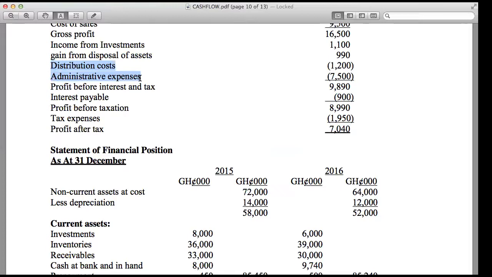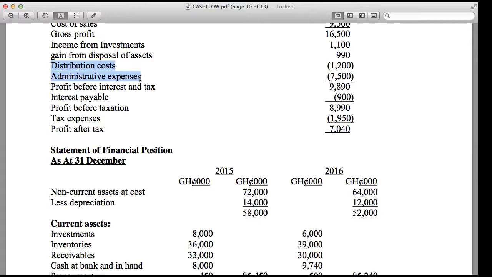Depreciation and amortization has been added. And then impairment. So we have to reverse it. Yes, because impairment is charged to admin or cost of sales. So here the impairment and the depreciation has been charged to what? Admin.